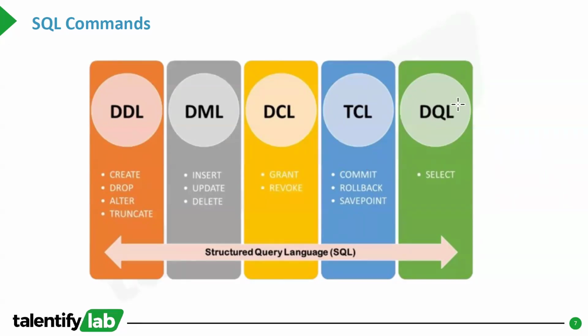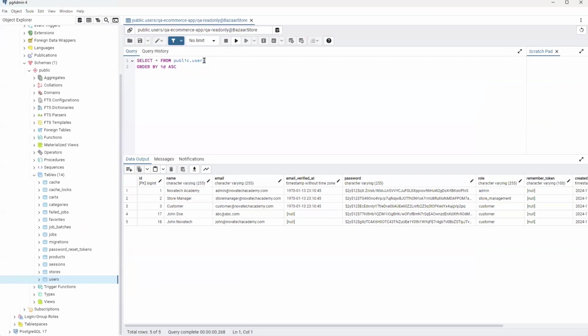And we also have data query language. You can also put this data query language in data manipulation because you read the data itself. For example, you will get some rows. This is data query, this is select. You will just use select over here, just like we did. Select all from users.